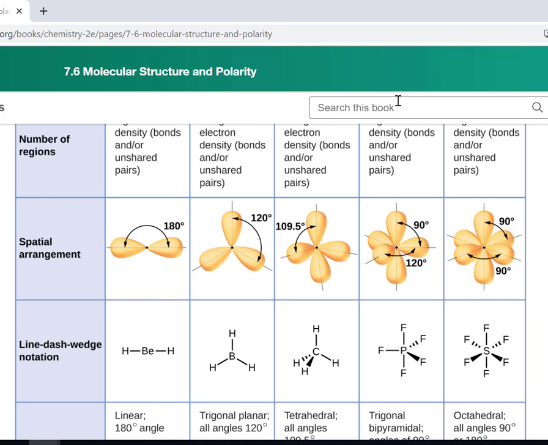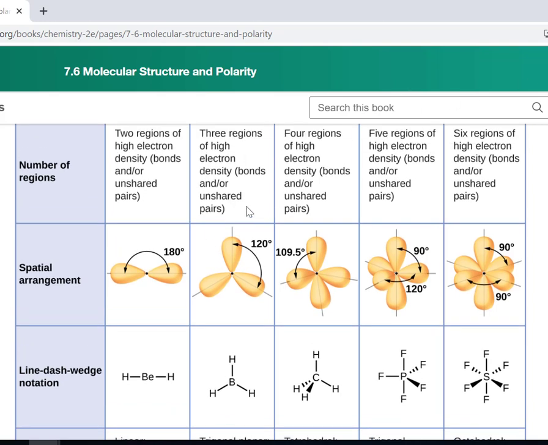The next one we're showing here is three regions of electron density. We're showing an example here, a Lewis structure, and this one is not following the octet rule. There are some that do follow the octet rule, but in this case we are not. The best way to get three things apart from each other is basically with a triangle. So we have 120 degrees between each of these.